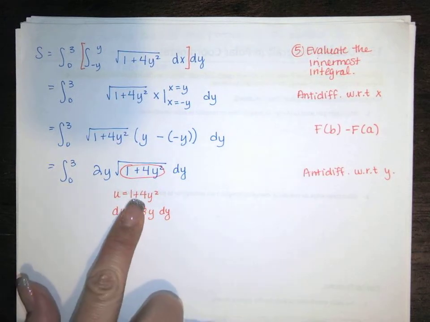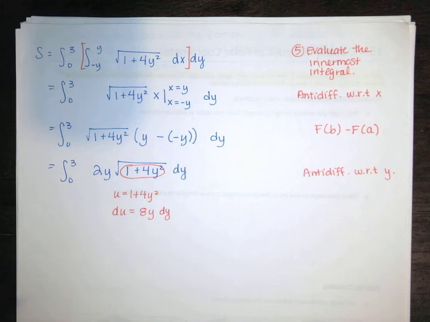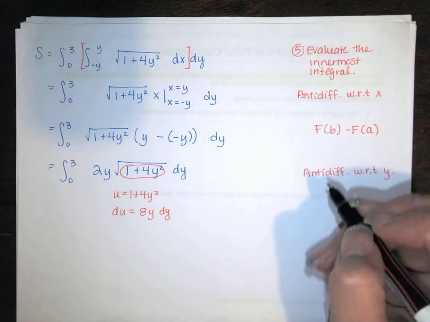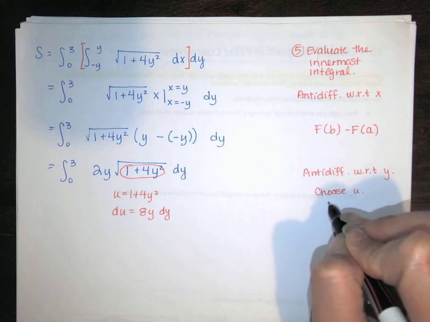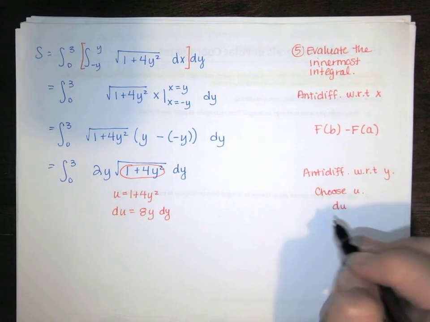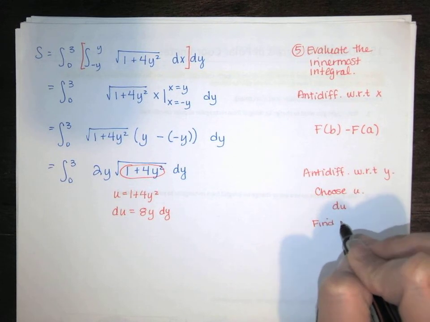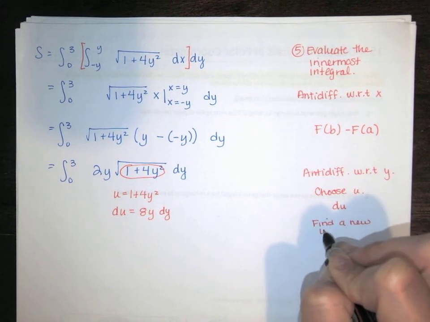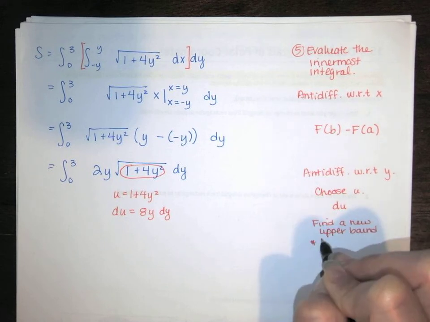And I'm not so worried about the 8, I'm worried about the y dy. Since I have a y dy, I know the U sub will work. So we chose u, we computed du, and now we need new bounds. So we need a new upper bound and a new lower bound.